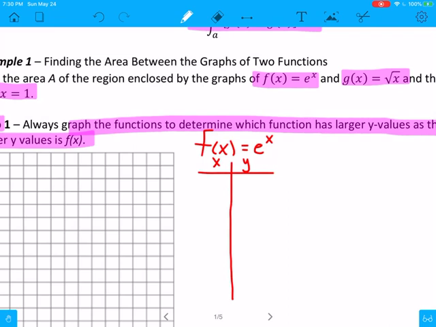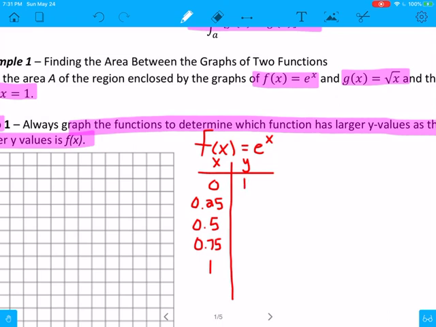And because it's between 0 and 1, I'm going to go 0, 0.25, because if I just did 0 and 1, I'd have 2 points. Right? And I want to have a few points to sketch. 0.5, 0.75, and 1. Now, I can plug 0 in for the x of this equation, and I get e to the 0. And e to the 0 is 1, so that's my 1 point.